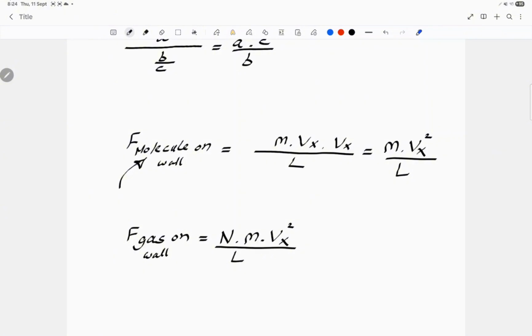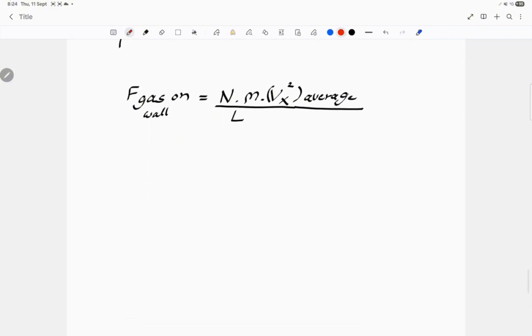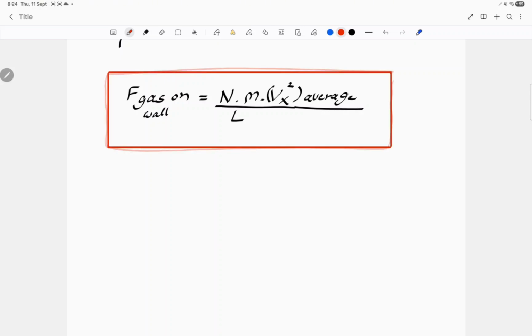But now my Vx squared has to change to Vx squared average, because right now we're looking at the average velocity of all the molecules and not just a single molecule. Good. Now we have derived an equation that tells us the force of the gas on the wall is equal to that.